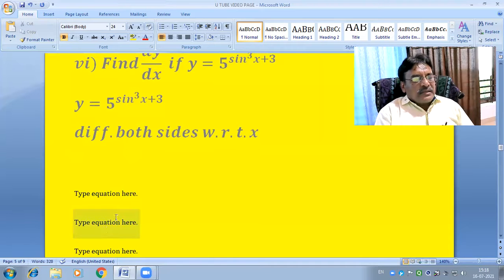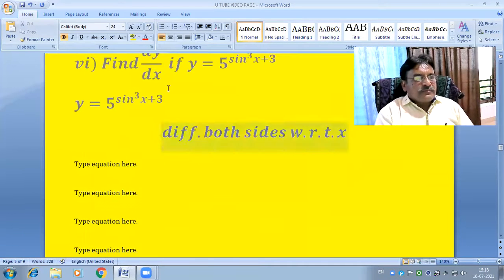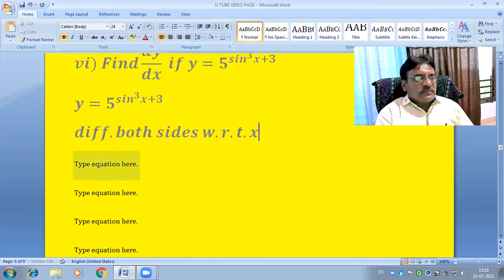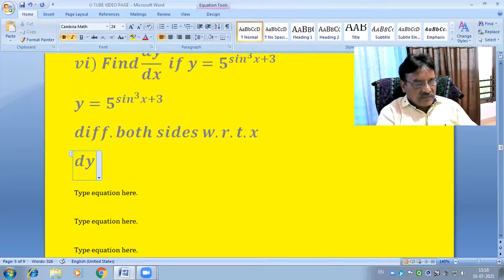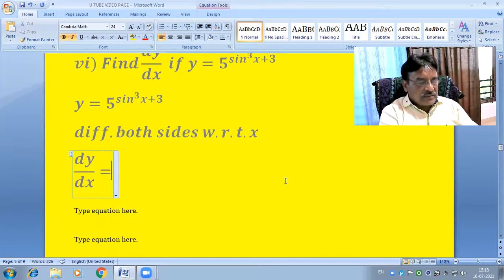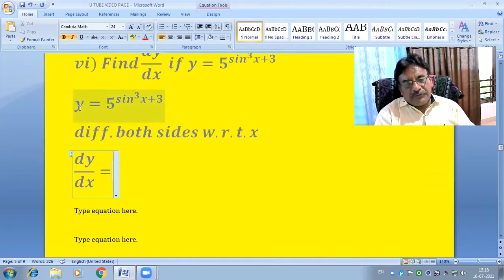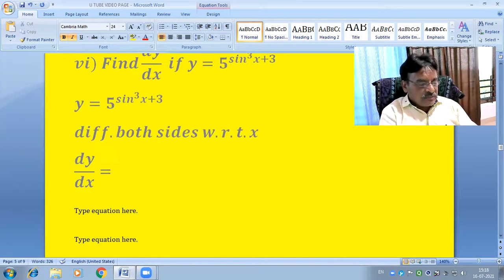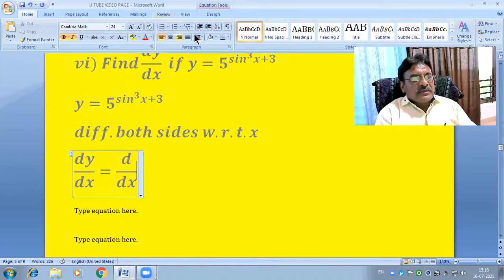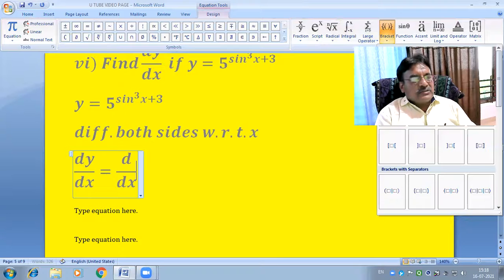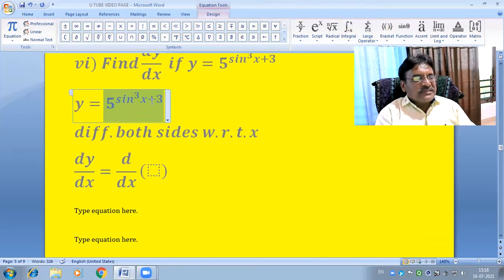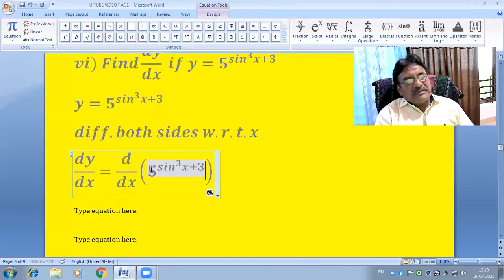Then dy by dx is equal to, that is the derivative of y with respect to x, d/dx of y, that is dy by dx is equal to d/dx of the given function 5 to the power sine cube x plus 3.